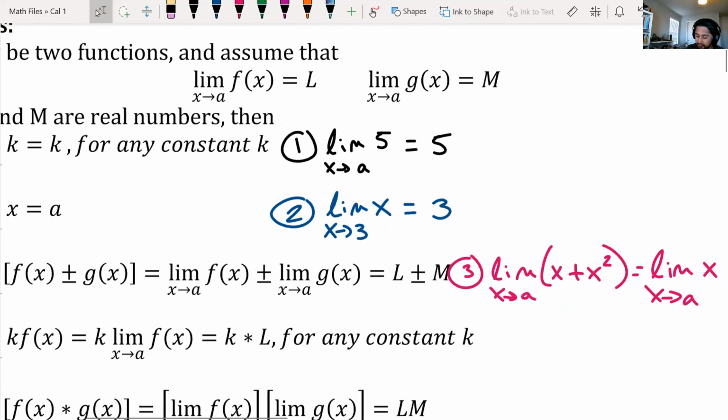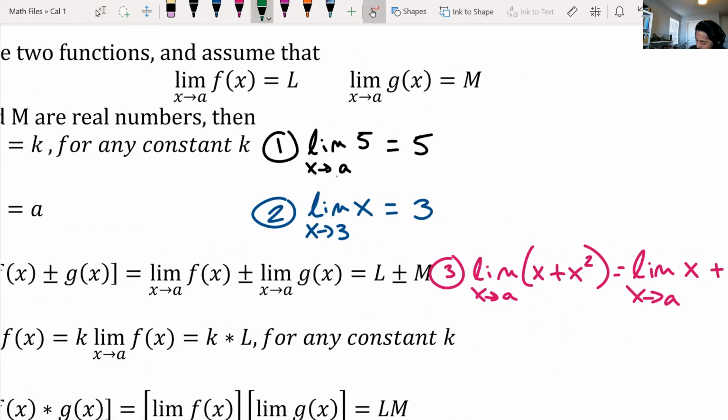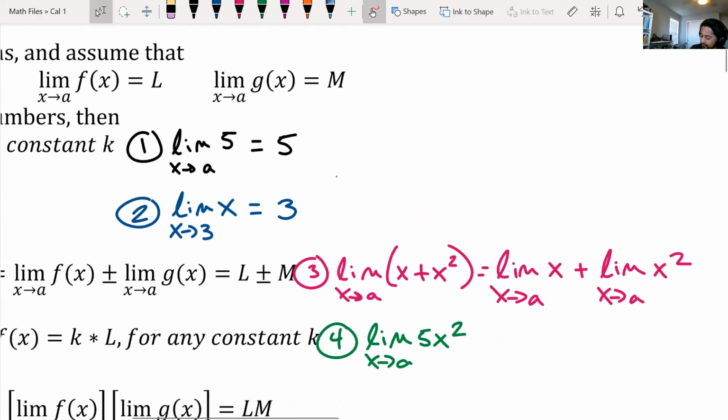A good example, let's just say I had the limit as x approached a of 5x squared. All property 4 says is, take that 5 and move it to the front: 5 times the limit as x approaches a of x squared. That's it. You can just rewrite it like that.